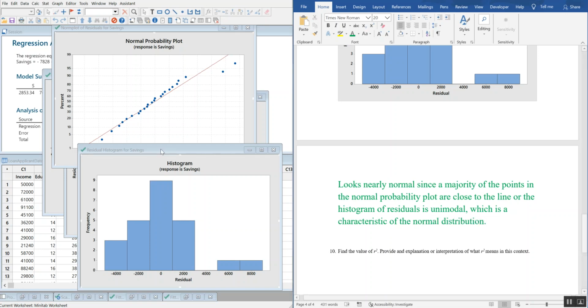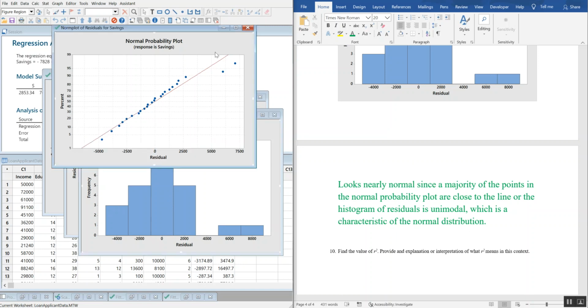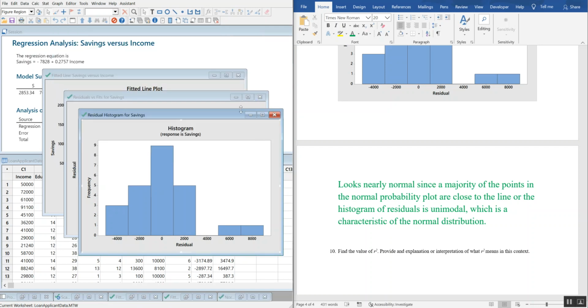Just as a reminder, the characteristics of the normal distribution are that it needs to be symmetric, bell-shaped, and unimodal. We just need 1 or 2 of those to consider it nearly normal. This one has 1, good enough. And looking at the normal probability plot, almost all of these are really close to the line, so I'm good with that. These 2, 2 out of 30, I can live with.